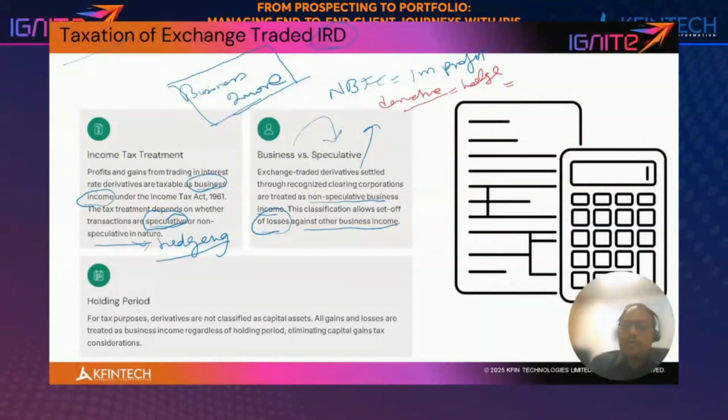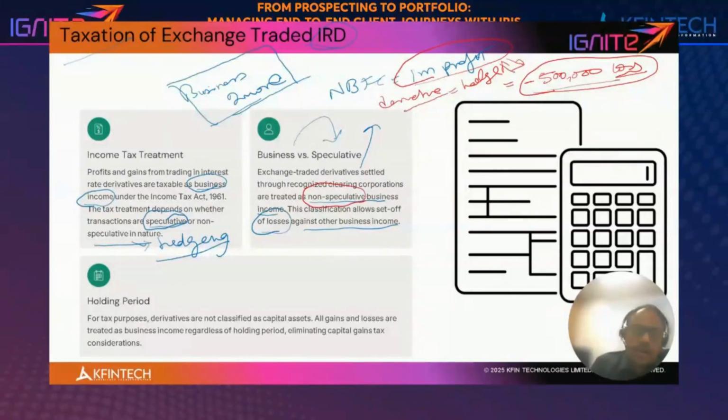And in the derivative contract he has, say, a 500,000 loss. So the profit from business can be set off against the loss from the derivative if it is a non-speculative transaction. Why can it be set off? Because it is treated as business income. Since it is treated as business income, the profit from business can be set off against the loss from the derivative portfolio.